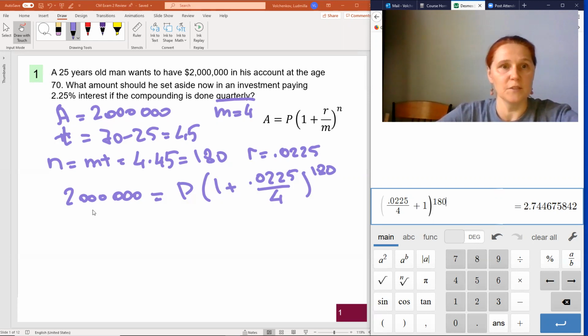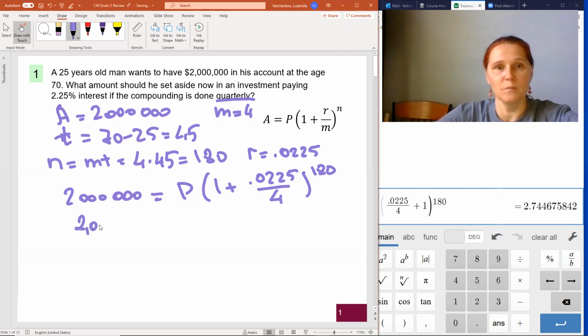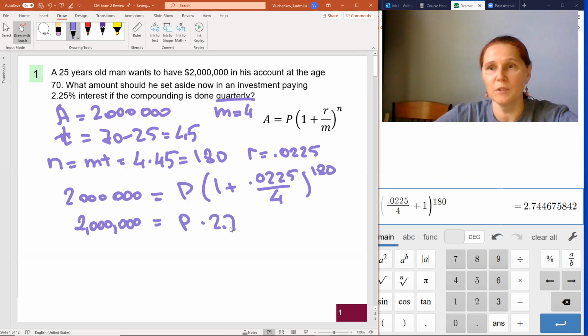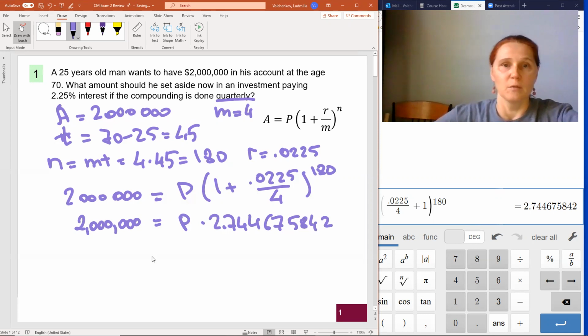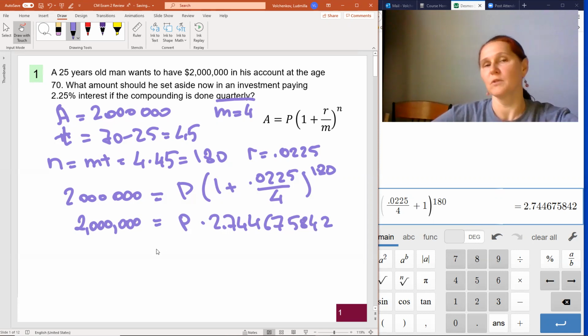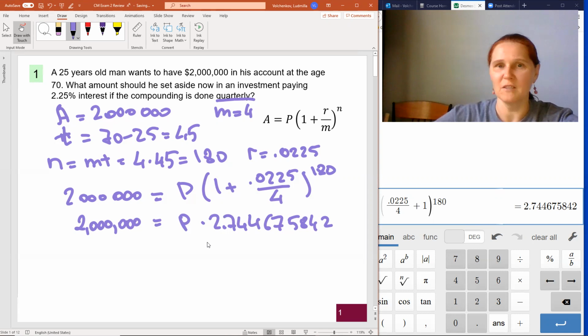So we got that 2 million equals P multiplied by 2.744675842. We don't need so many numbers, but I don't want to think every time how many digits I need, so I just keep them all.